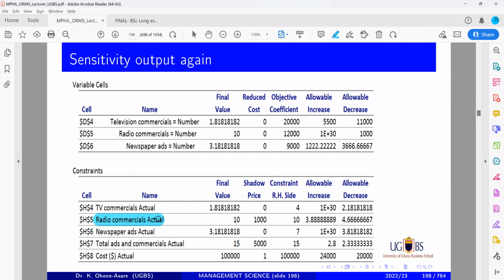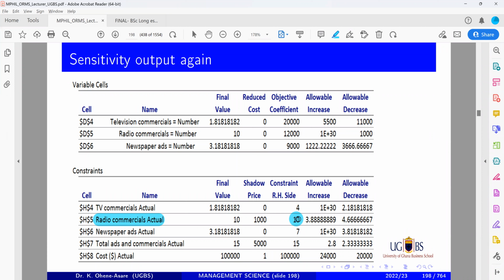Who can tell me? That's a very simple question. Suppose they should increase the radio commercial from 10 to 11.